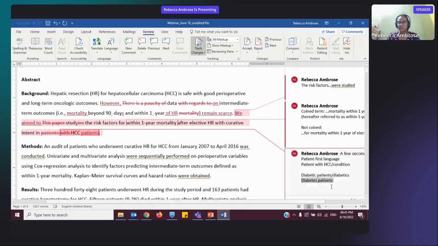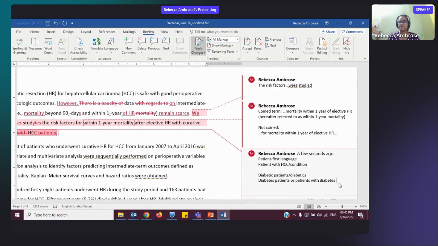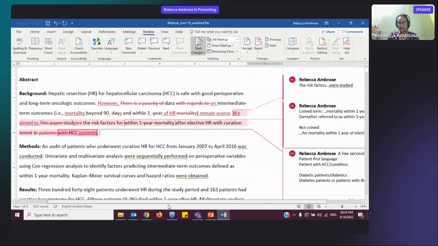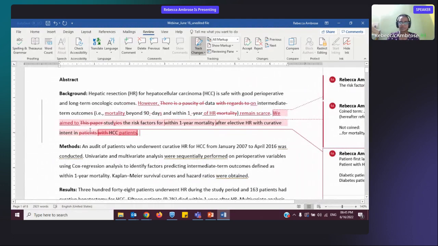Whereas with this kind of phrasing, patients with diabetes, we are being considerate towards patients, and we're considering them to be people first rather than tagging them with the disease or the condition that they have. So when you're making changes, just be careful when you're referring to patients so that you're using patient first language. In this case, the author had used patient first language, but I made the change simply for reducing the word count.